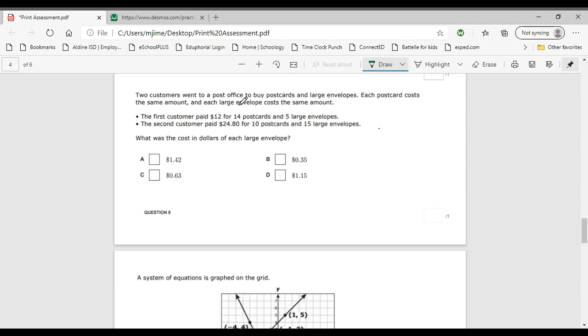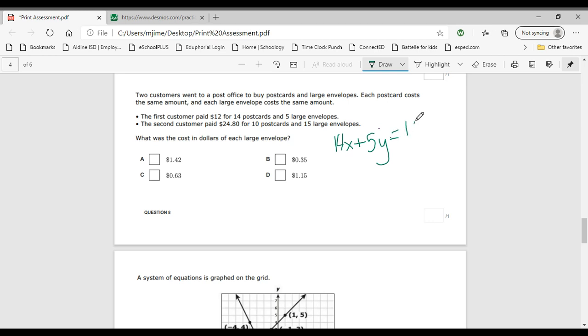All right, this one, it says postcards and large envelopes. Each postcard costs the same and each large envelope costs the same, and it wants you to find y, the large envelope. So 14x plus 5y equals 12.